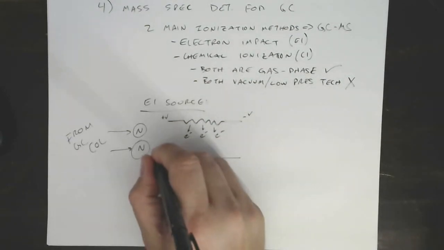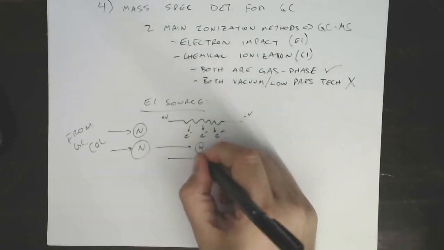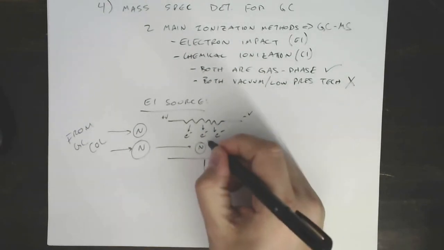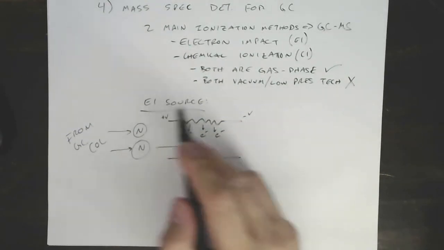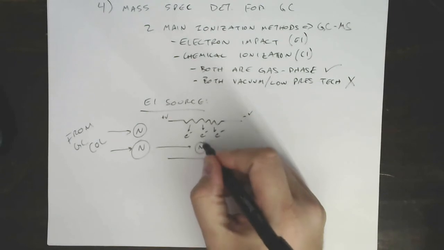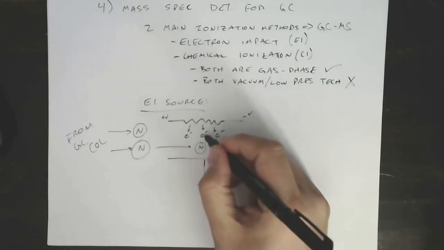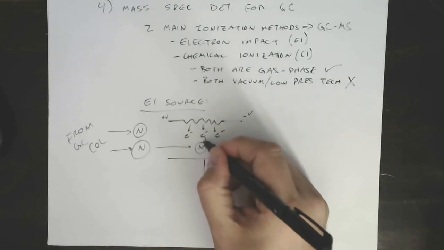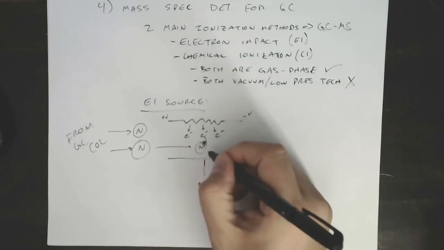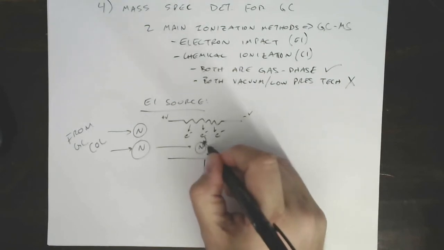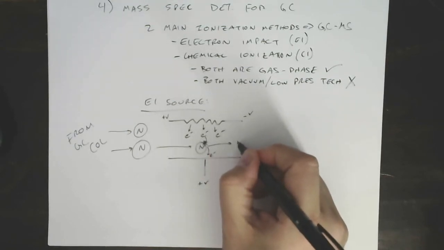As your neutrals pass through here, there are these impacts, right? So hence the name electron impact ionization. There are impacts between electrons and neutrals. So as this electron is being accelerated towards that electrode, it will smash into this neutral. That will eject an additional electron, right? It'll knock an electron out of the neutral, and what you get out of this is a cation.